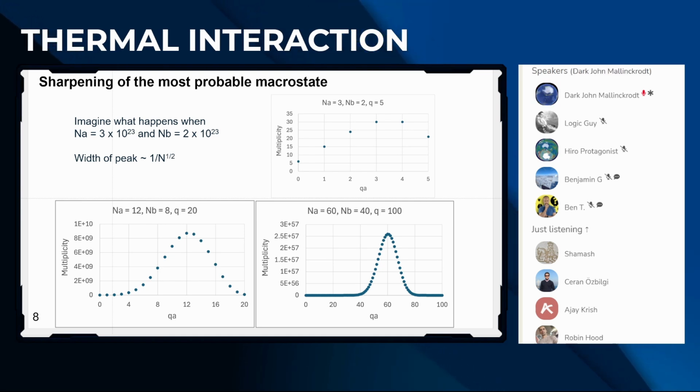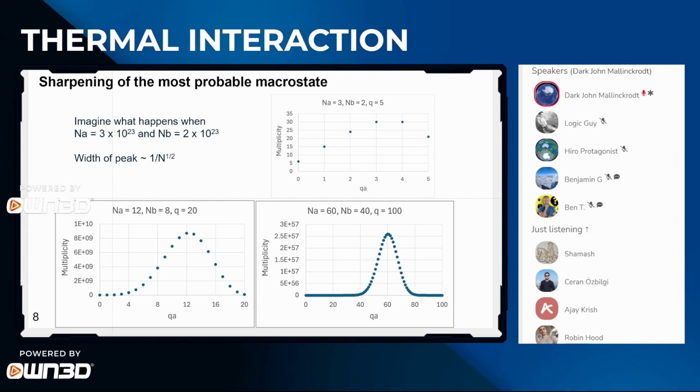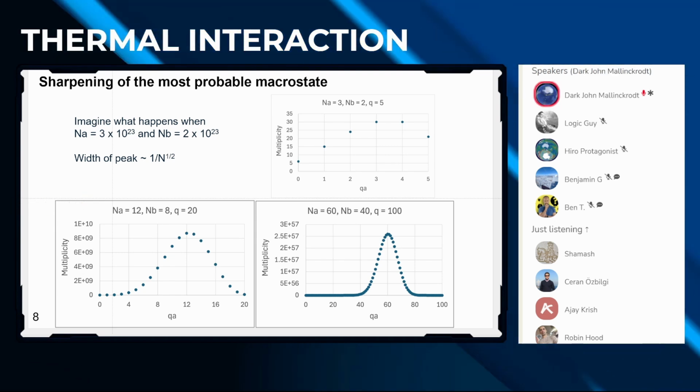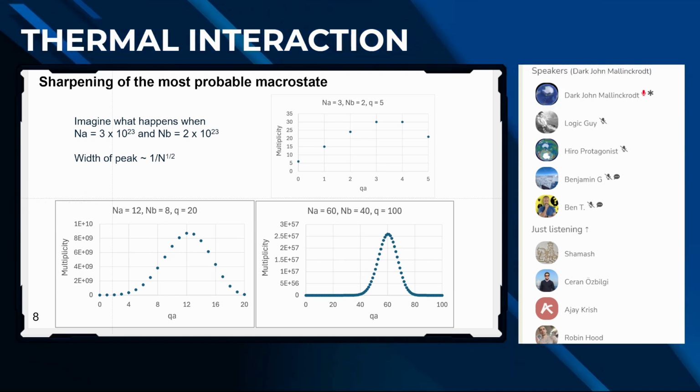So in very rough figures, in the last case at the lower right, where I have like 100 particles, 1 over the square root of 100 is 1/10, and so the width of the peak.